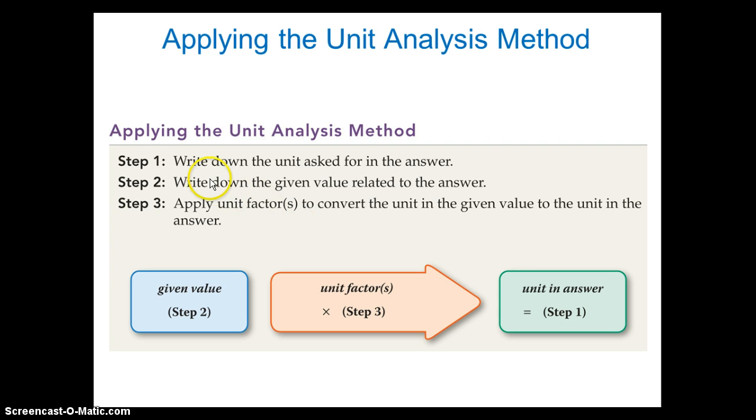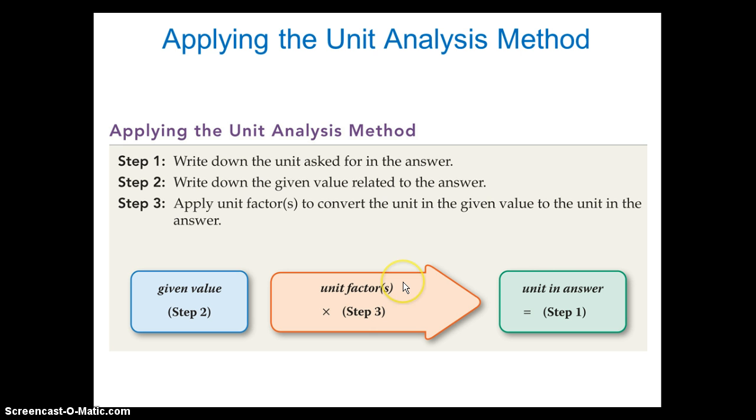Now let's see how we apply this unit analysis method. Step 1 is to write the unit asked for in the answer. Step 2 is to write down the given value related to the answer, and we are going to multiply with unit factors, that's step 3.